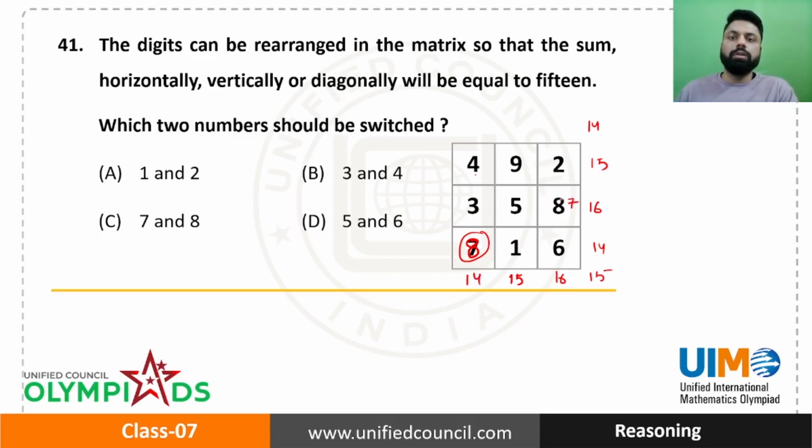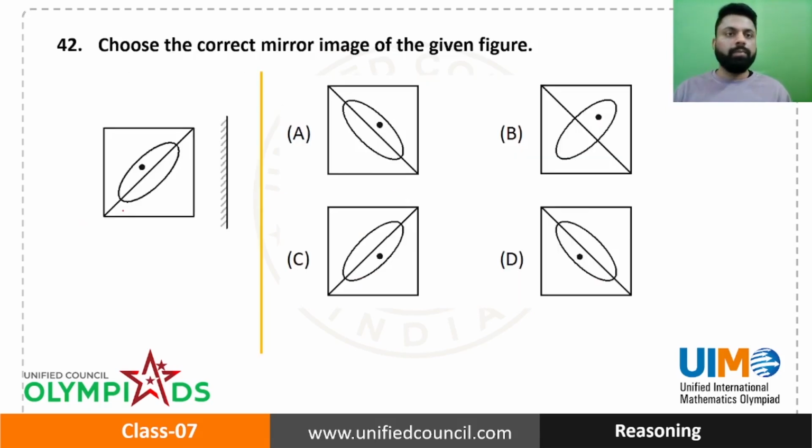Let's suppose this is 8, this is 7. So now this will become 15. Now this will become 15, now this will become 15, and now this will also become 15, and this will also become 15. Basically, wherever we were having 16, we need to subtract 1 from that particular row. And wherever we were getting 14, we need to add 1 to it. So 7 and 8 should be C option.